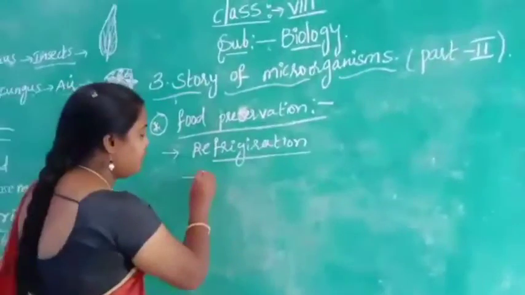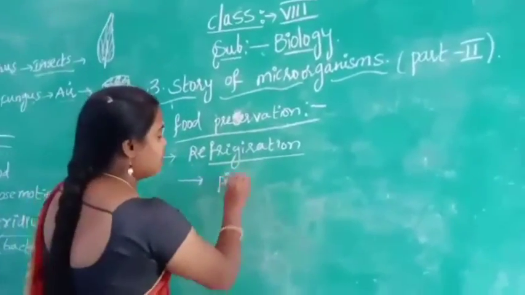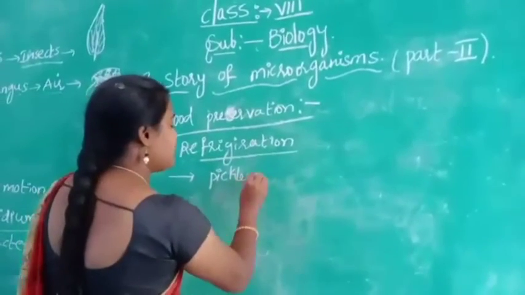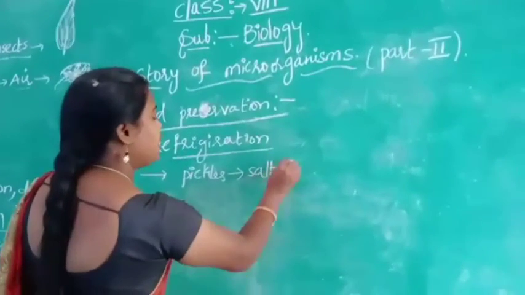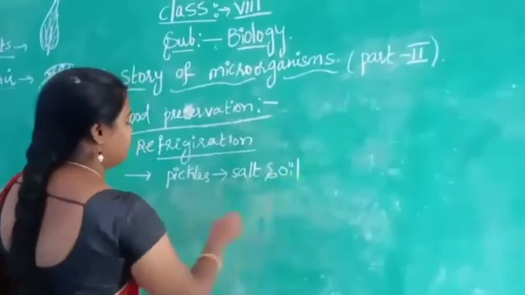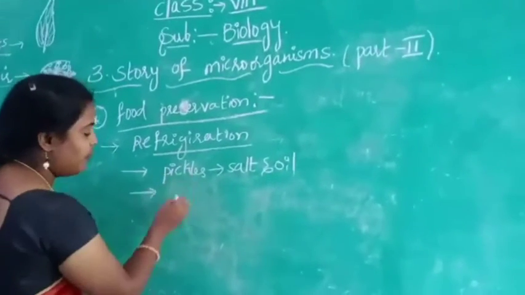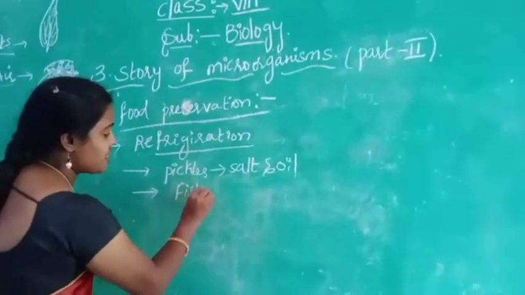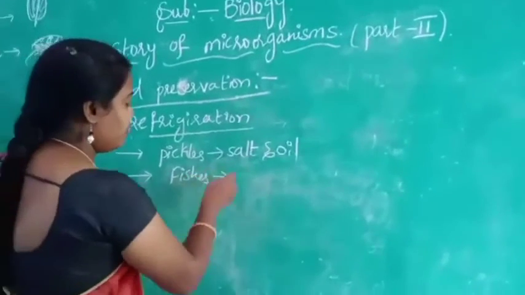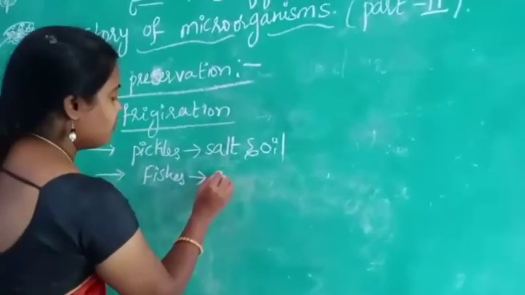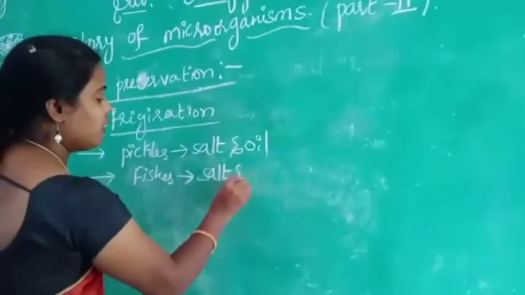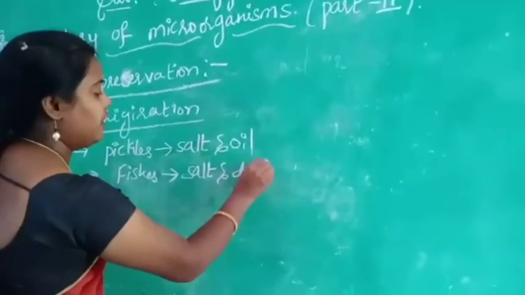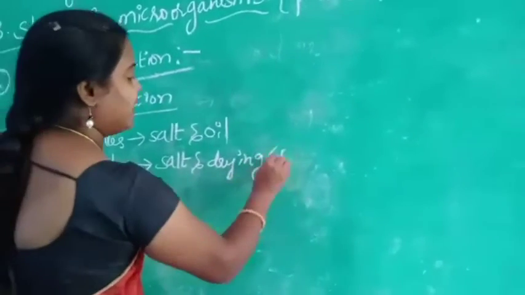Okay, we can preserve pickles by adding salt and oil to them. And we can preserve fishes by adding white salt and drying under sunlight.